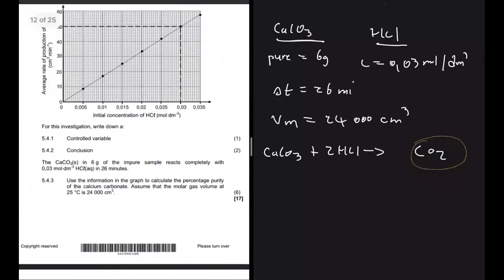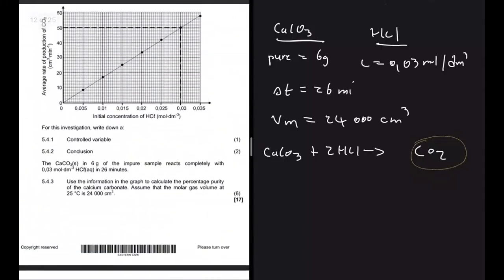So the question is saying, let's calculate the mass of CaCO3, right? And then what do we have? For CaCO3, we only have the mass of the pure substance, right? And for 2HCl, what's the information we have for HCl? We only have the concentration.